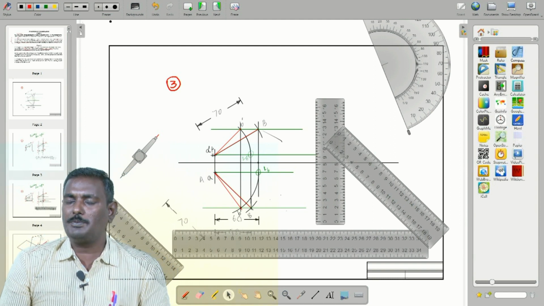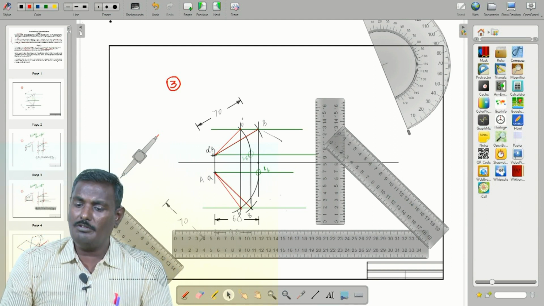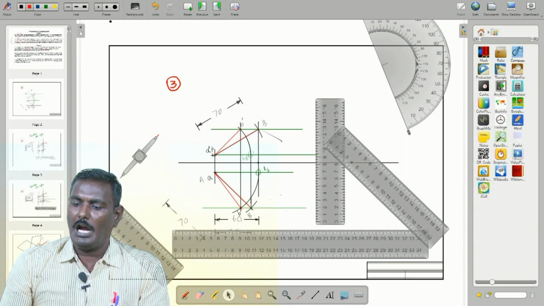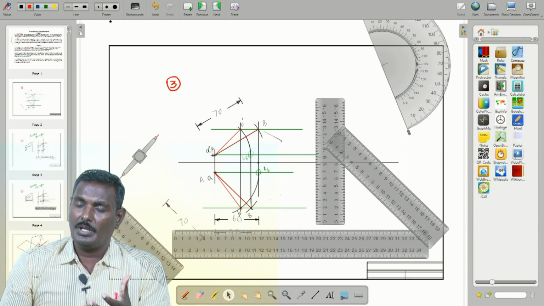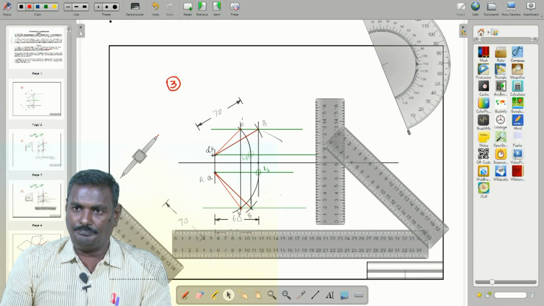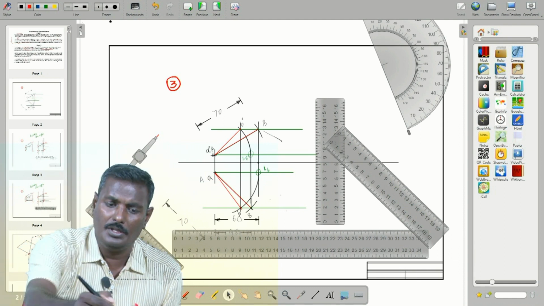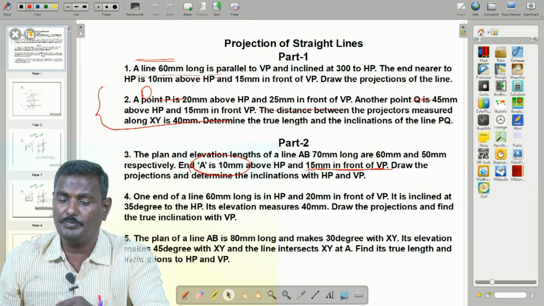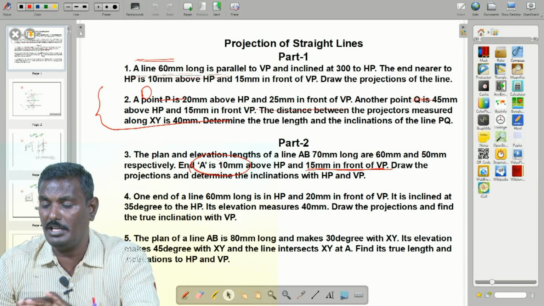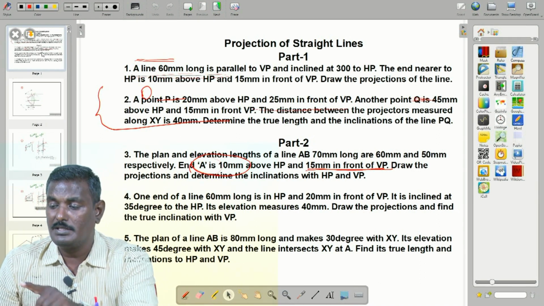So, this is the concept to develop and solve this kind of problem. I already stated how these problems are solved. Here in this problem, the plan and elevation lengths of line AB are 70 mm long, 60 mm and 50 mm.